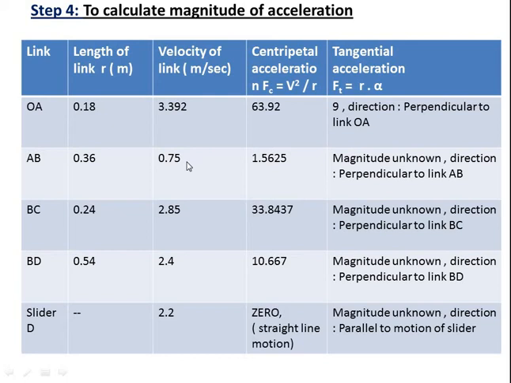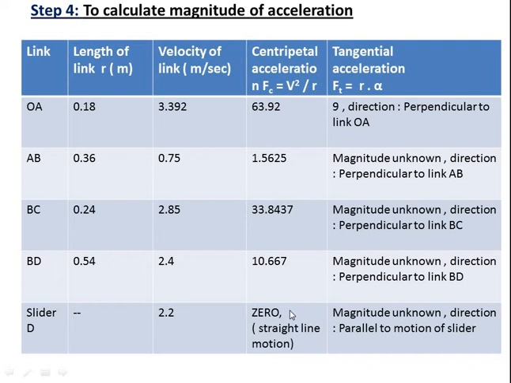But for the other links, AB, BC and BD, it will have centripetal acceleration and tangential acceleration both. Only the magnitude is unknown, but the acceleration component needs to be located. And for slider, there will be 0 value of centripetal acceleration as slider will have linear motion.